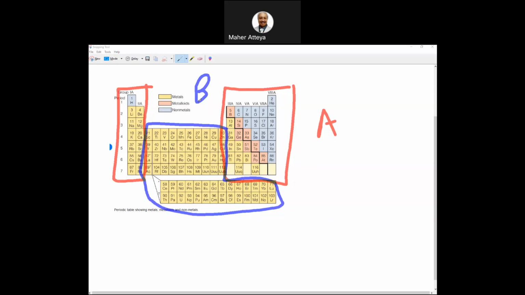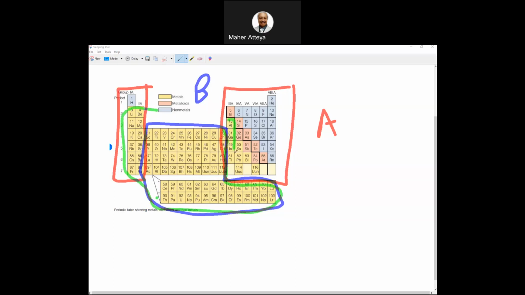The metals inside the periodic table are almost 75 to 80% of the elements. The majority of the elements are metals. So all those here are metals.